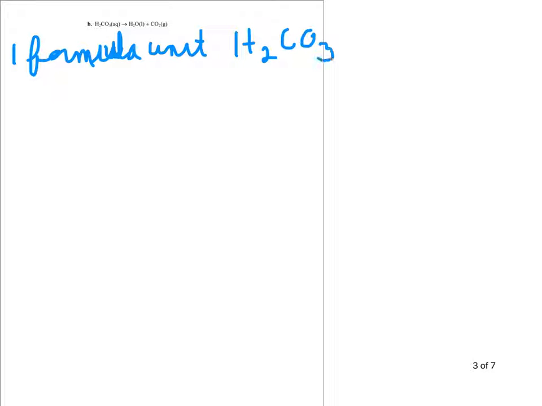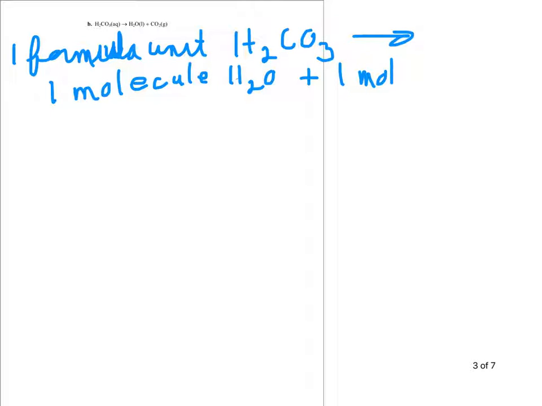So in terms of particles, again, always check and make sure we are balanced. We are balanced. So one formula unit of the carbonic acid breaks down to form one molecule of the water plus one molecule of the carbon dioxide gas.